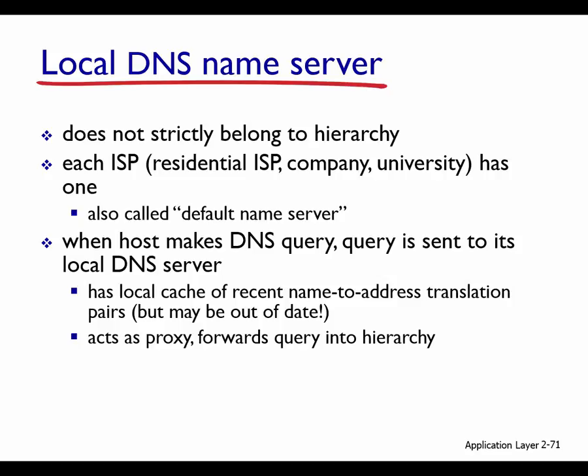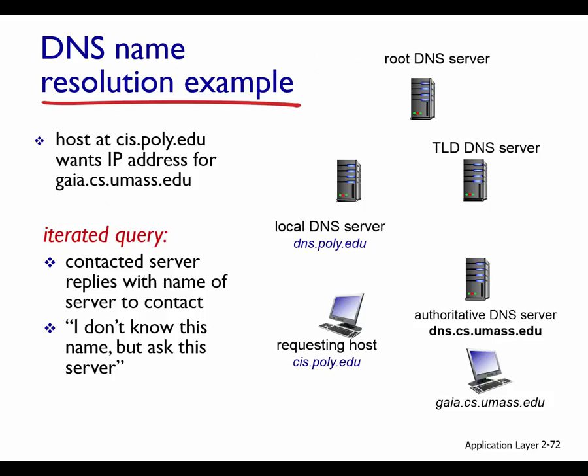So when a host makes a DNS query, the query is sent to the local DNS server, and it has a local cache, and the local cache has recent name to address translation pairs. They may be out of date. There are settings that determine how often that gets updated, and it can act as a proxy and forward queries into the hierarchy. So this will make more sense as we go through this.